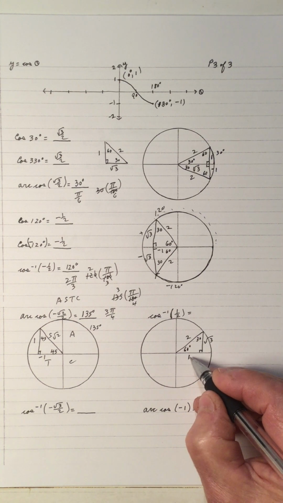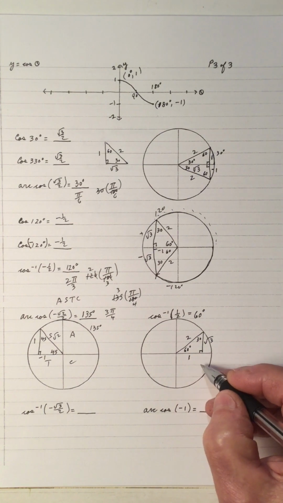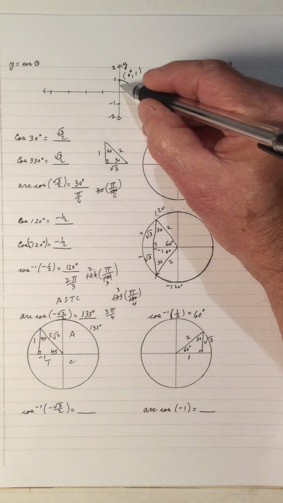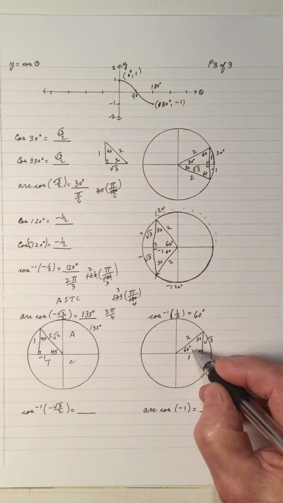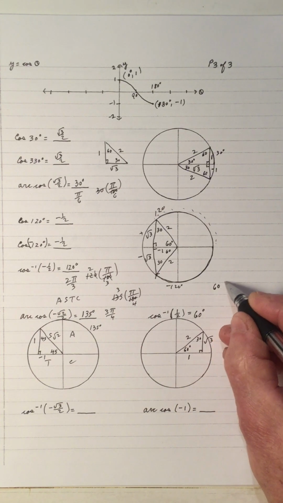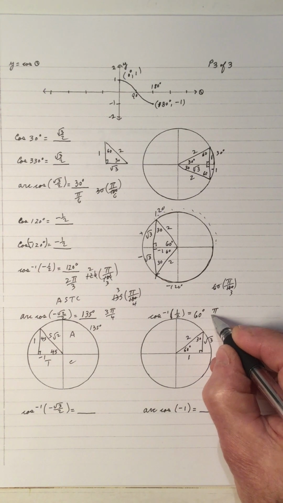So the cos of 60 is a half. And because your angle has to be between 0 and 90, it has to be in the first quadrant. And 60 degrees, 60 multiplied by pi over 180. 60 and 180 is 3, so that's pi over 3 as a radian.